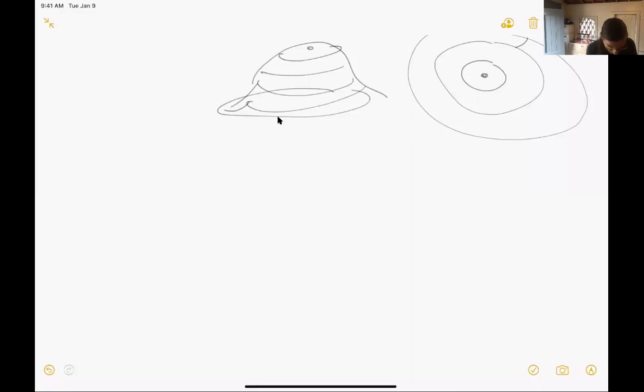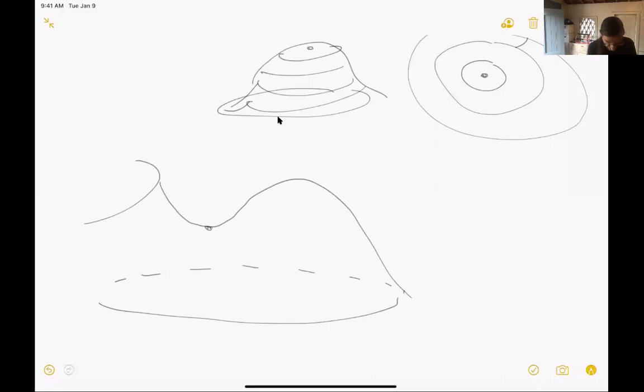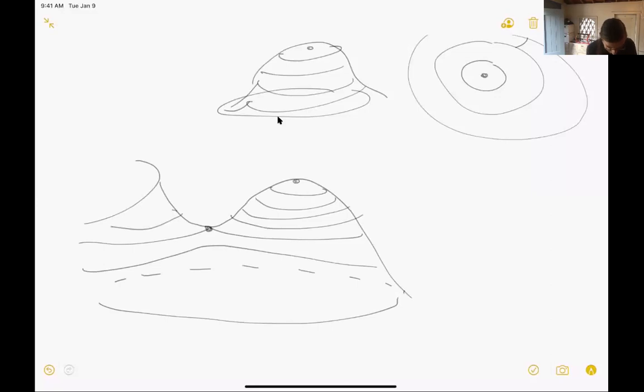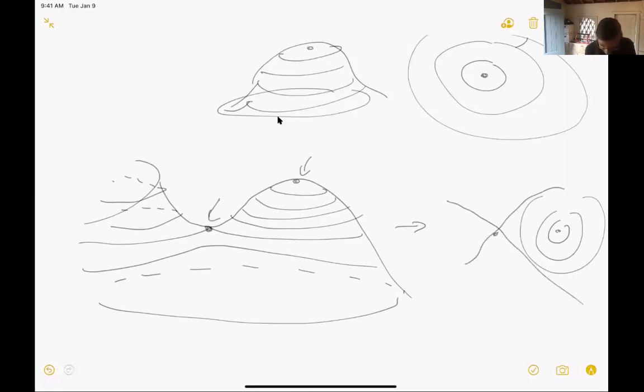It's hard to draw saddles, but there's this saddle point right here. So the level curves look like circles around this maxima, but then around this saddle point, from the top view, one equilibrium point looks like a center, but the other equilibrium point looks like there's this X going through it, and we see these other things.